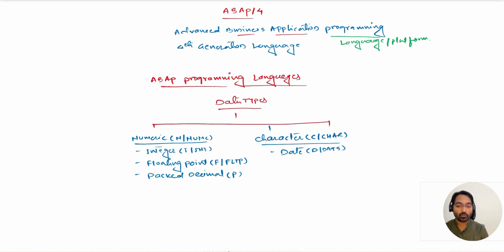And the default format of date in SAP is year, month, and day. Suppose today's date is 01/01/2024, let's assume. Then in SAP, the date will be stored in this format: 2024, the month, and the day.